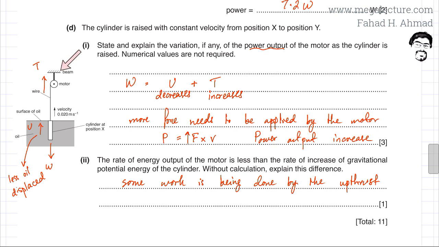So the motor has to do lesser work. Less work would be required from the motor, which is why the increase of gravitational potential energy of the cylinder is greater, whereas the rate of energy output of the motor is lesser. So less work would be done by the motor.